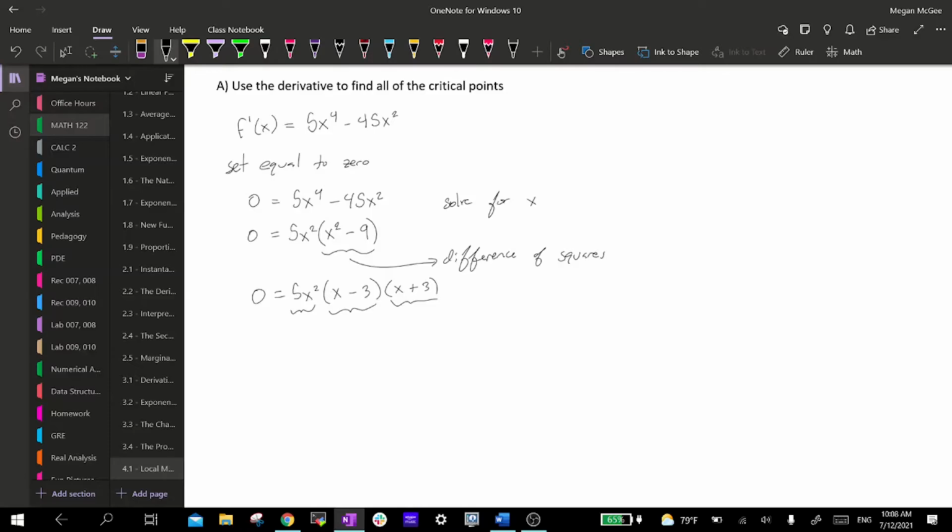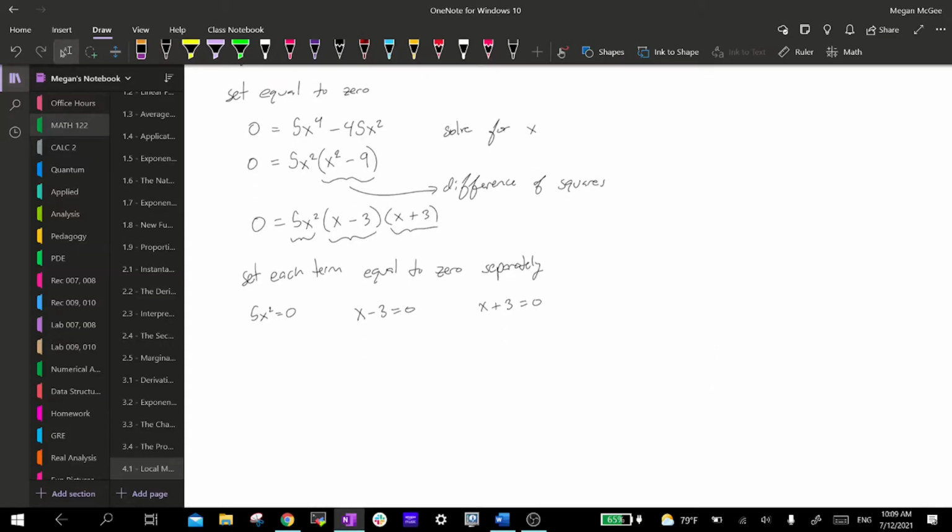That's why we need to set each term equal to 0 separately. So 5x squared is equal to 0, x minus 3 is equal to 0, and x plus 3 is equal to 0. That's what I mean by setting each term equal to 0.